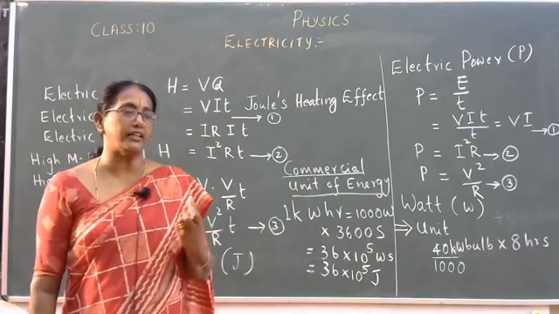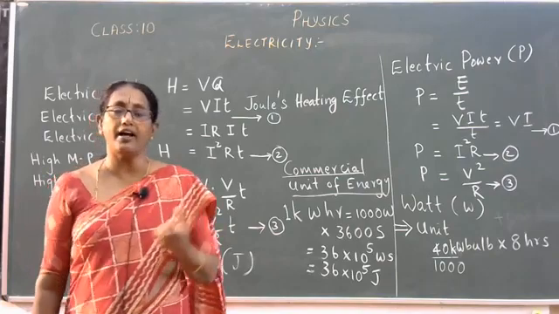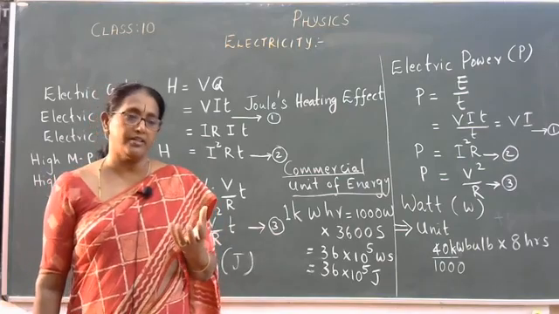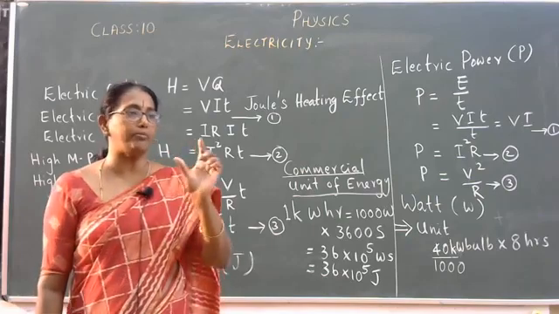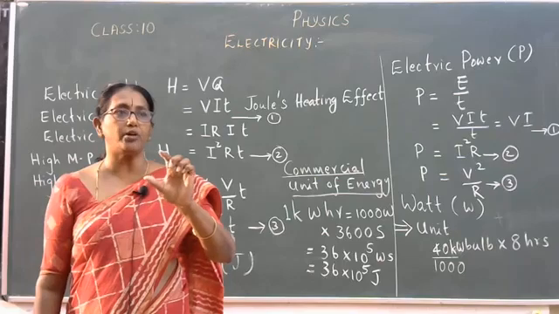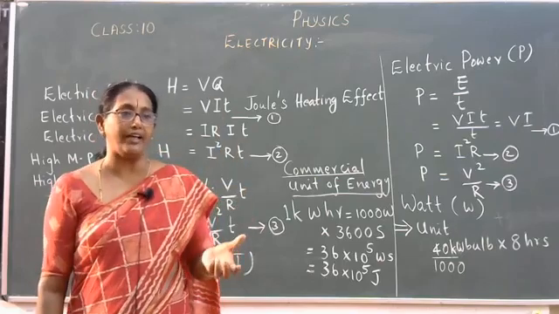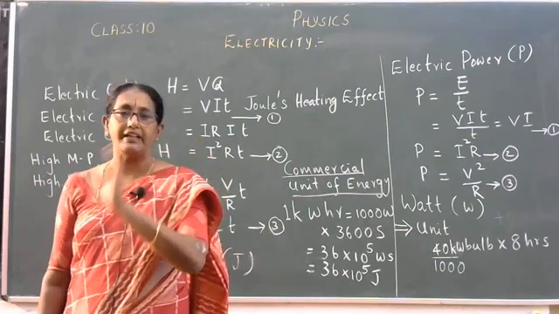That property of tungsten is made use of there, and it also has a very high melting point. So due to the high melting point and its nature that it can be made very thin, hair-like, the heat energy produced is again converted into light. So electrical energy to heat energy and heat energy to light energy.